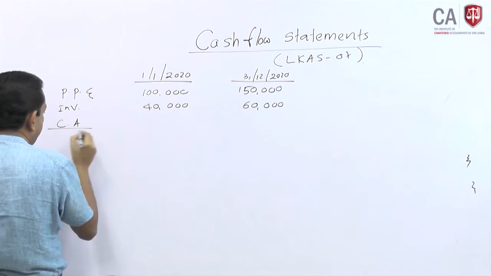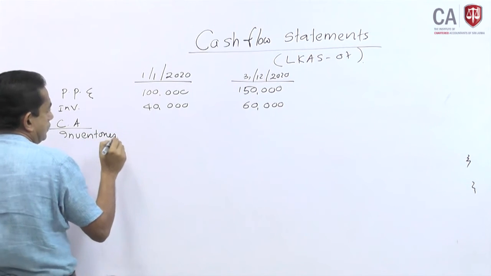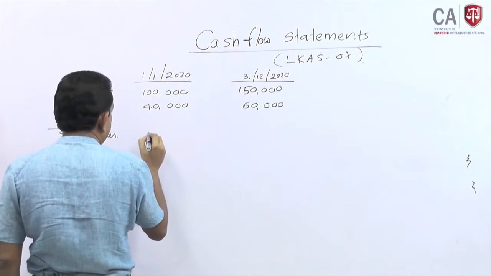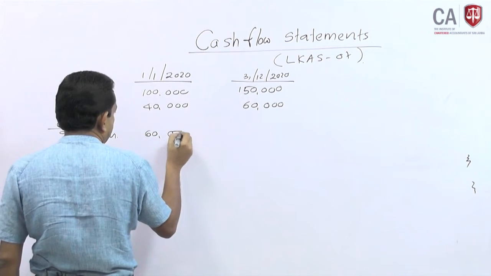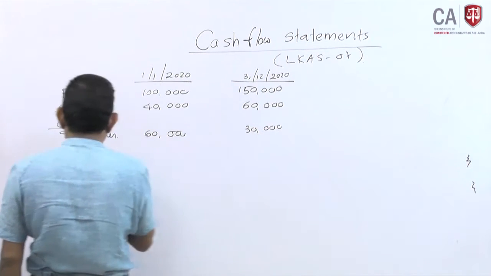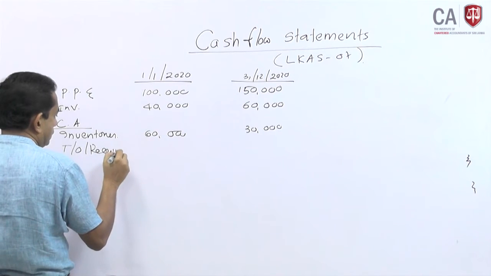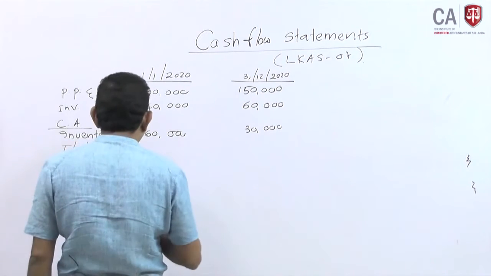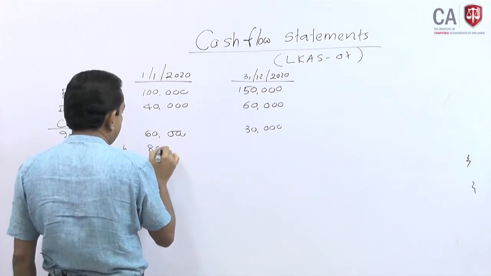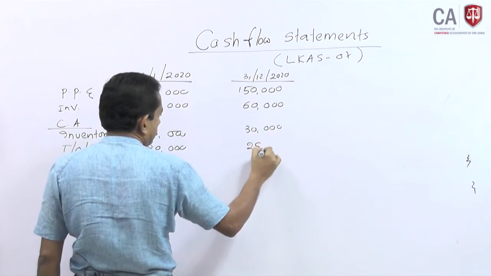Current assets, inventories: beginning balance is 60,000, ending balance is 30,000. Trade and other receivables: opening balance is 80,000, closing balance is 25,000.